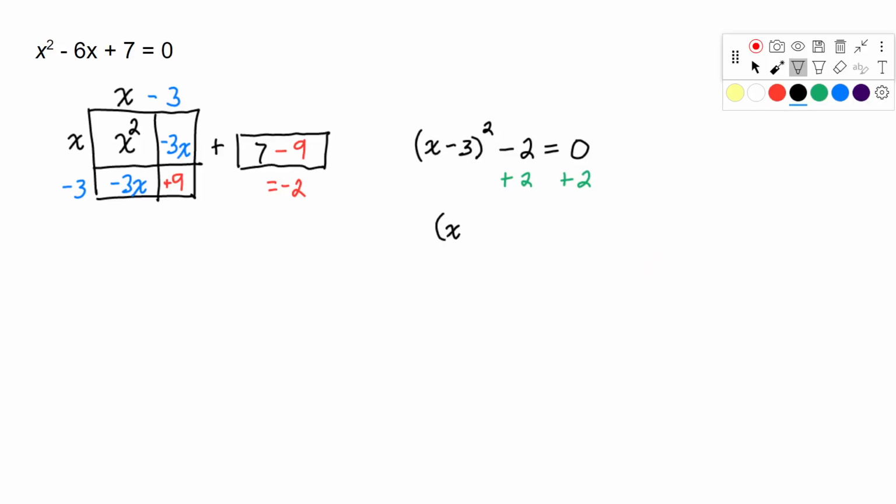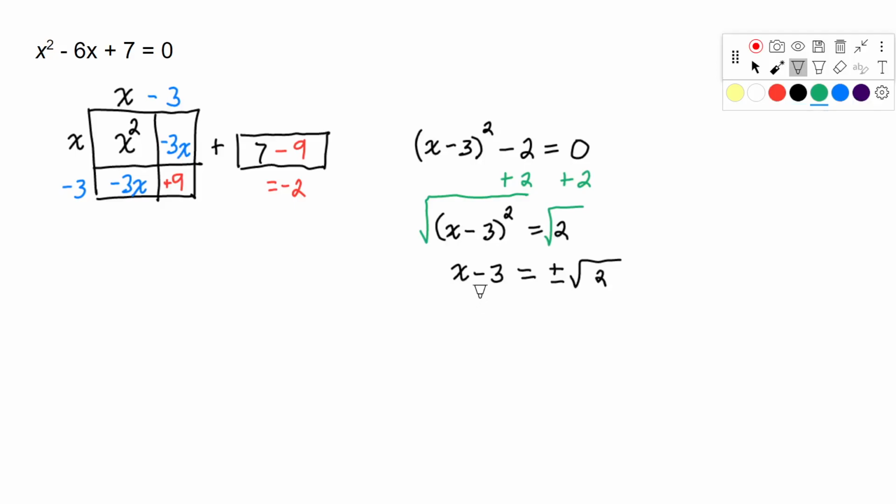So we have x minus 3 squared equals 2. To undo that power of 2, to undo the squaring, we take the square root of each side. So now we have x minus 3 equals plus or minus the square root of 2.